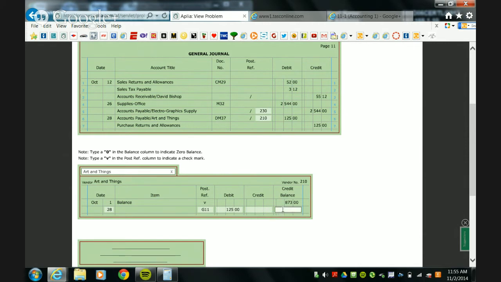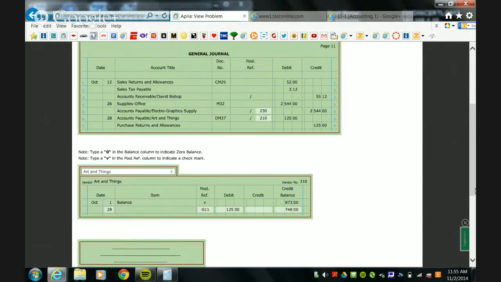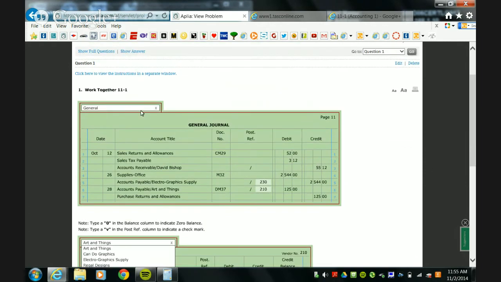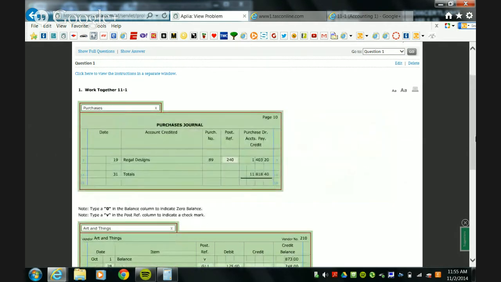And we've got $748. I don't think that's right. Let me double check myself. Okay. All right, so we've posted all of our entries from our different journals. Okay, so we got general, purchases, cash payments. So we should be all up to speed here with our remaining balances.